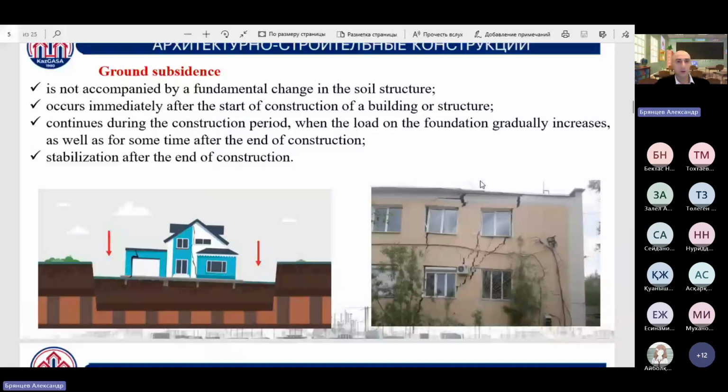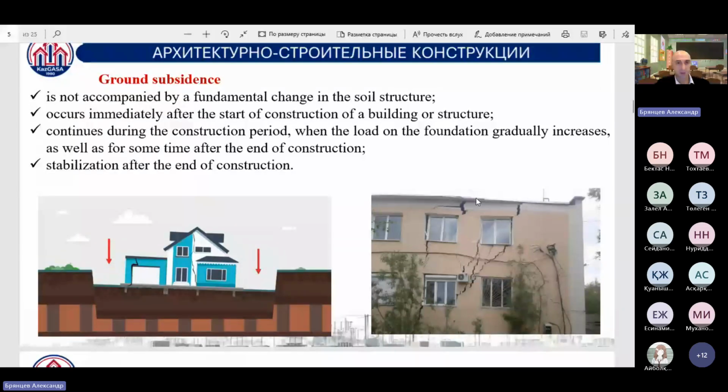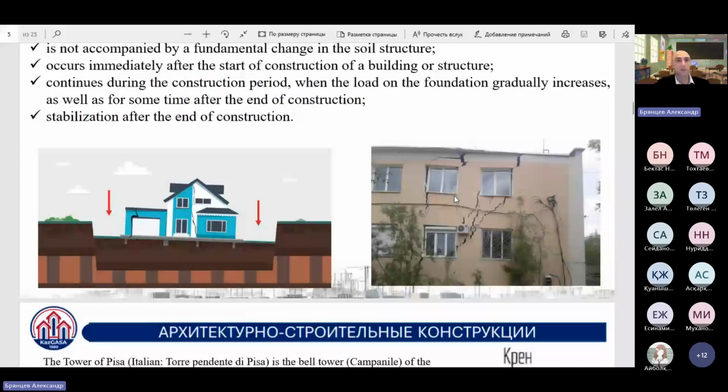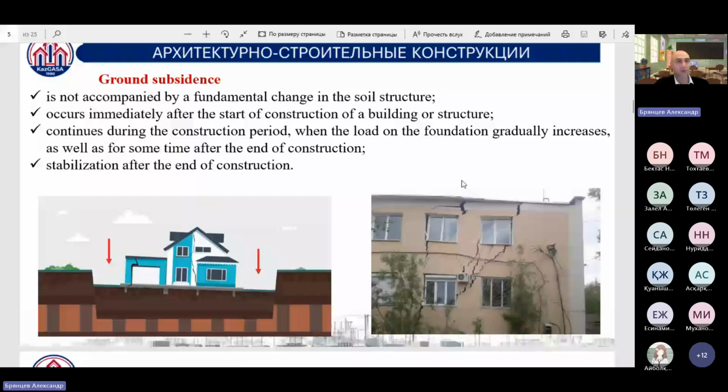So, the settlement. Settlement, or ground processes found in the ground, occurs due to insufficient compaction, during the increase of structural weight with the building erection, so during construction. It continues for some time after commissioning until stabilization occurs.